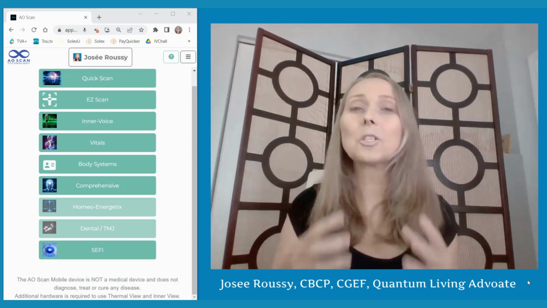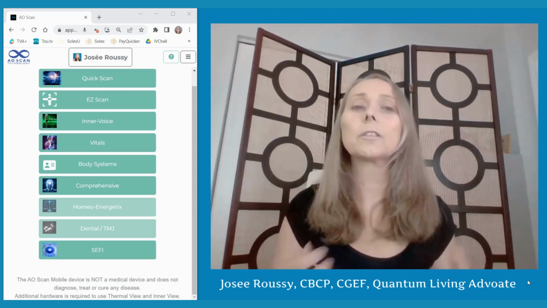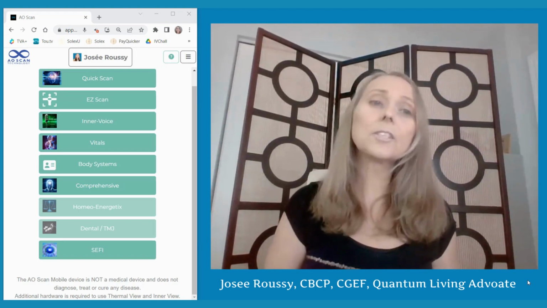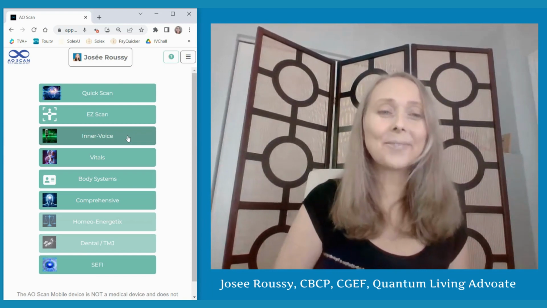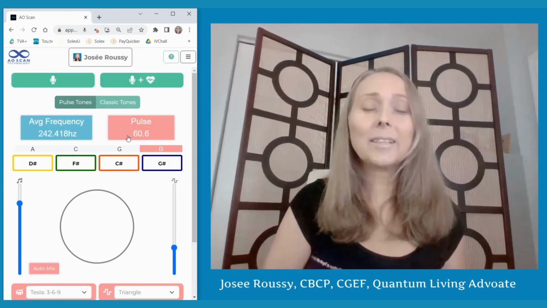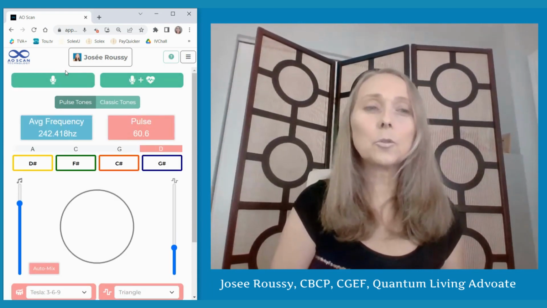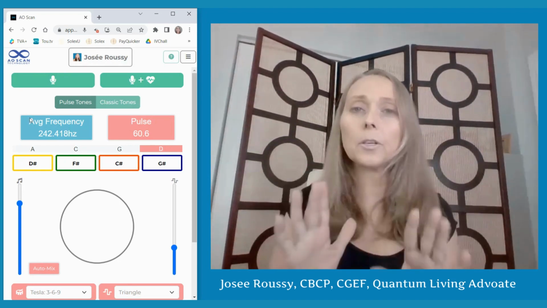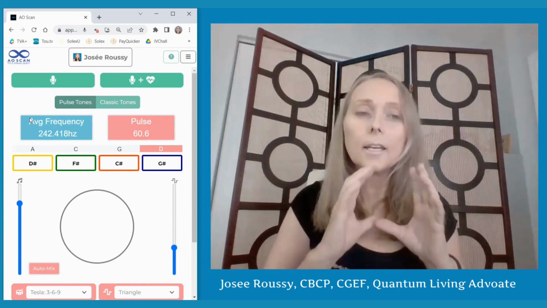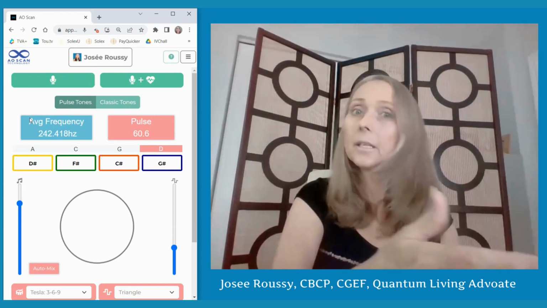So inner voice helps to deal with those emotions that are out of balance. So the way that it works, I'm going to click on inner voice here. You could do just the microphone on the left. It would be just a scan of my voice. I'll talk for 10 seconds and then it comes up with a report immediately after.